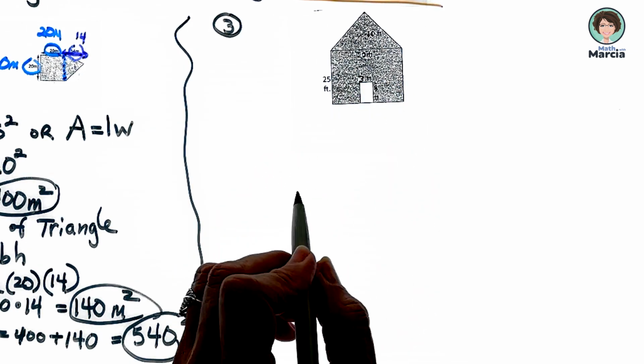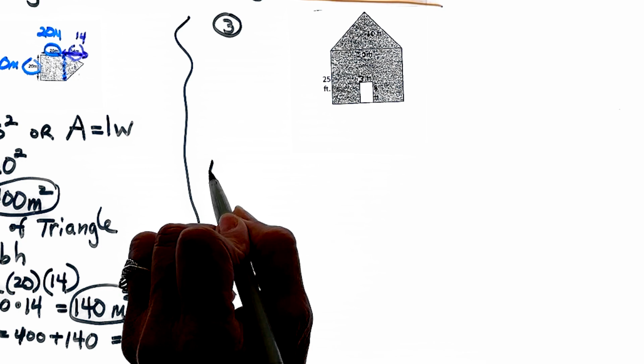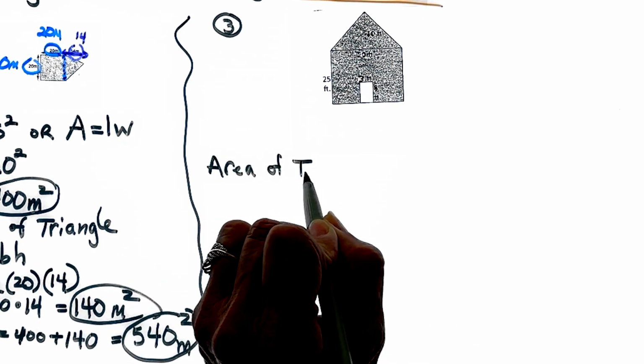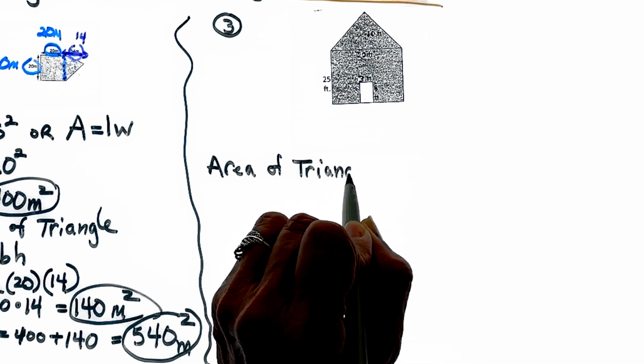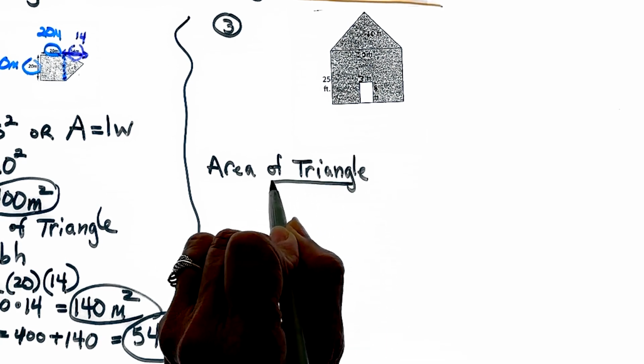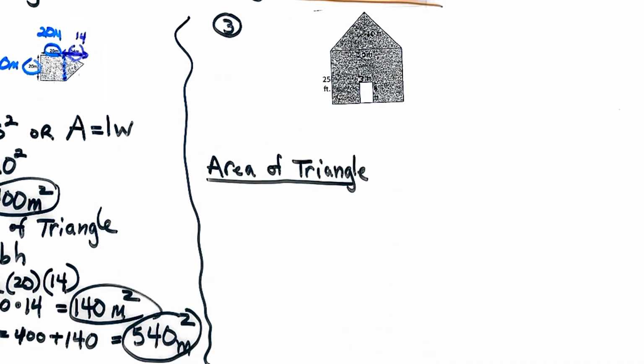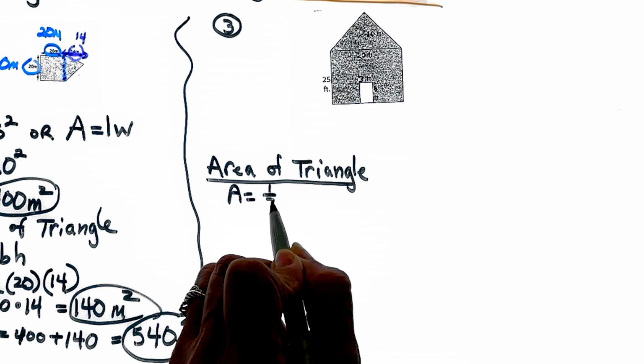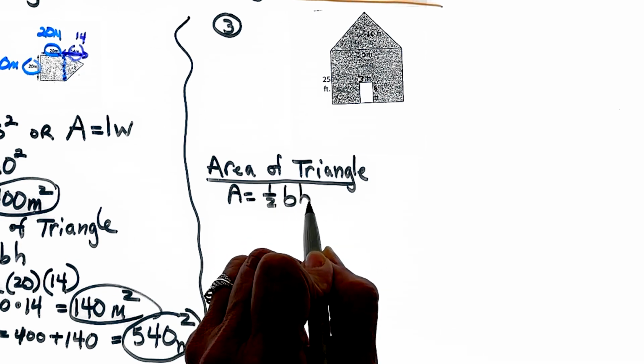When I'm looking at it, I think I'll start with the triangle at the top, the area of the triangle. And again, I know my area of the triangle formula is area is equal to 1/2 base times height.